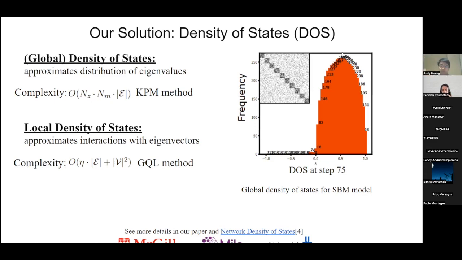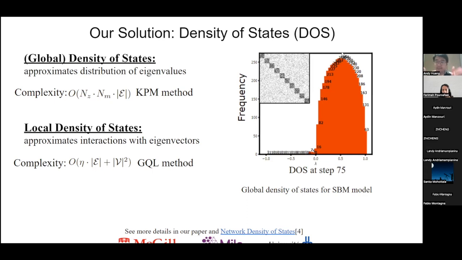For example, you can chop this 0 to 2 range into 20 fixed-size intervals, and each interval will then contain a variable number of eigenvalues. In the example that you see on the right, here's one example of the density of states applied to the stochastic block model, which is the community-structure-based random graph model.